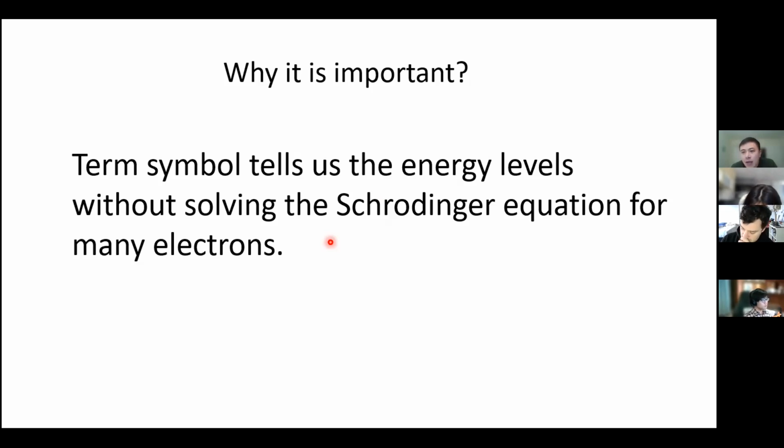The term symbol says we don't have to really solve this Schrodinger equation, and we don't have to get the exact form of the wave functions. Directly through some derivation, which is not complicated and is based on very simple algebra, we can derive the term symbol, and it tells us the energy levels of the possible wave functions.